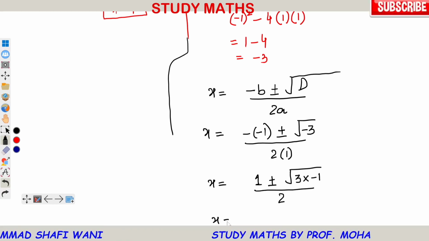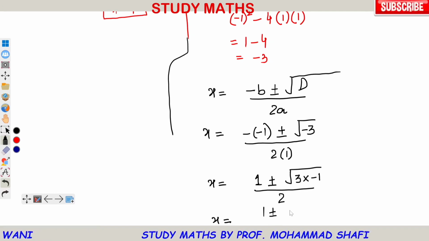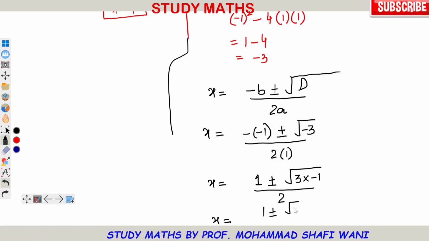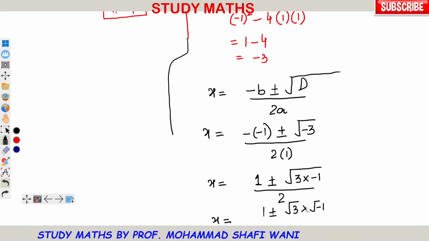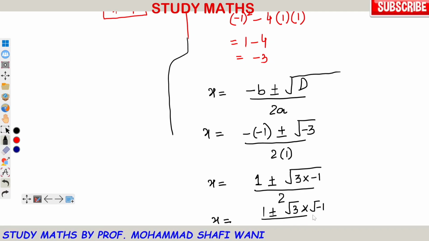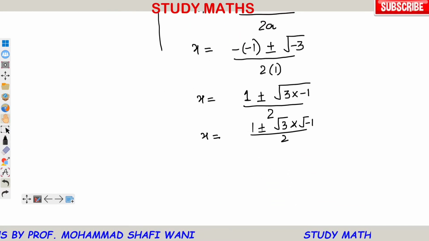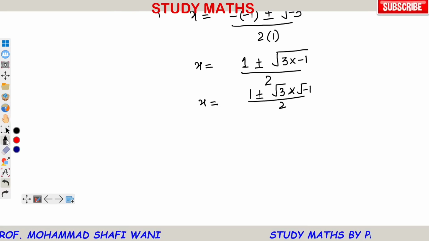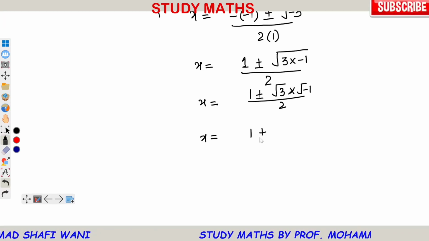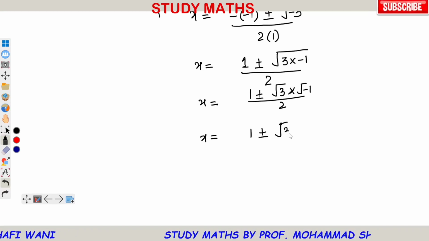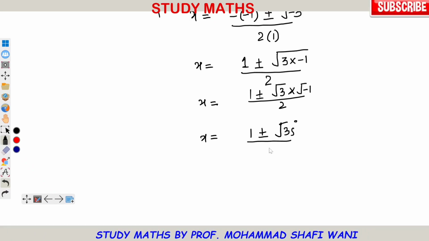So x is equal to minus 1 plus minus, we can put the root of 3 and the root of minus 1 separately, divided by 2. On solving this, we will get x is equal to minus 1 plus minus under root of 3, and we know under root of minus 1 is iota, divided by 2.